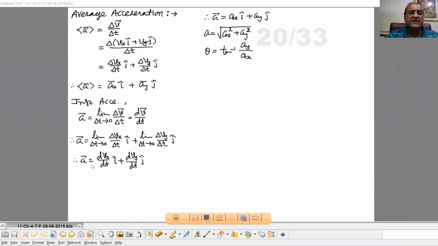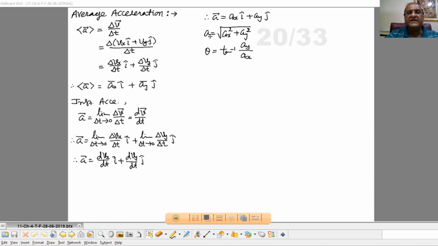So acceleration is dVx by dt i caret plus dVy by dt j caret. Clear? Now dVx by dt, the differentiation of the x component of velocity, is the x component of acceleration, and the differentiation of the y component of velocity with respect to time t is the y component of acceleration. So a equals ax i caret plus ay j caret.